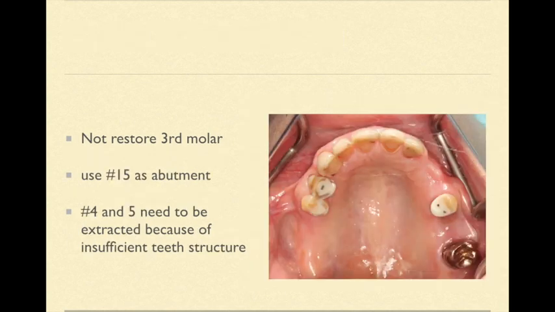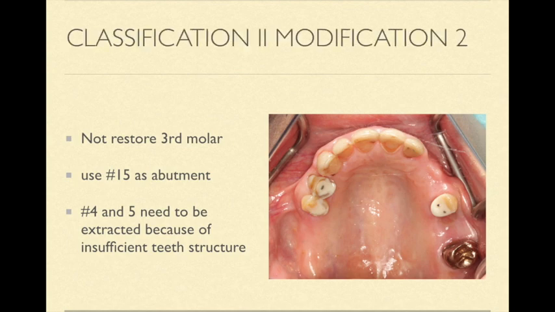And in a different case, if you are told that this case will not restore the third molar, and we will use 15 as one abutment tooth. However, tooth number 4 and 5 need to be extracted because those two structures are insufficient. Then what classification will it be called? Think about that.